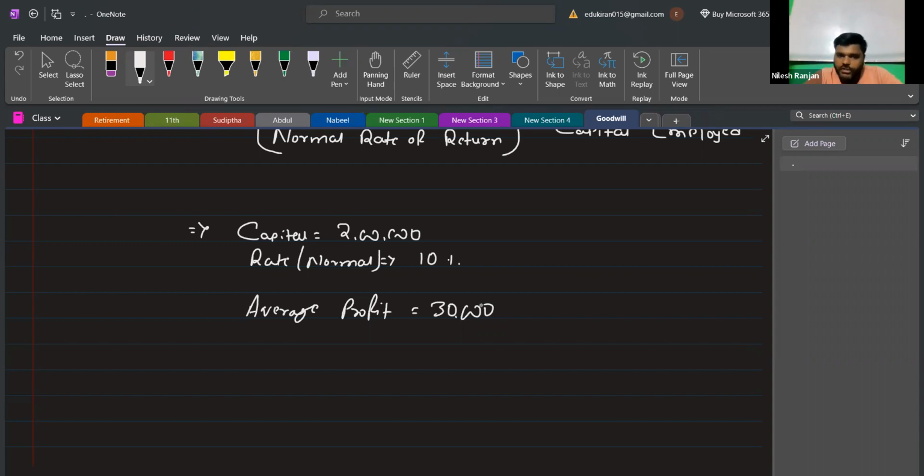The normal rate of return is 10%, and average profit is 30,000. So the question is, how much profit should you earn by market standard? 20,000.